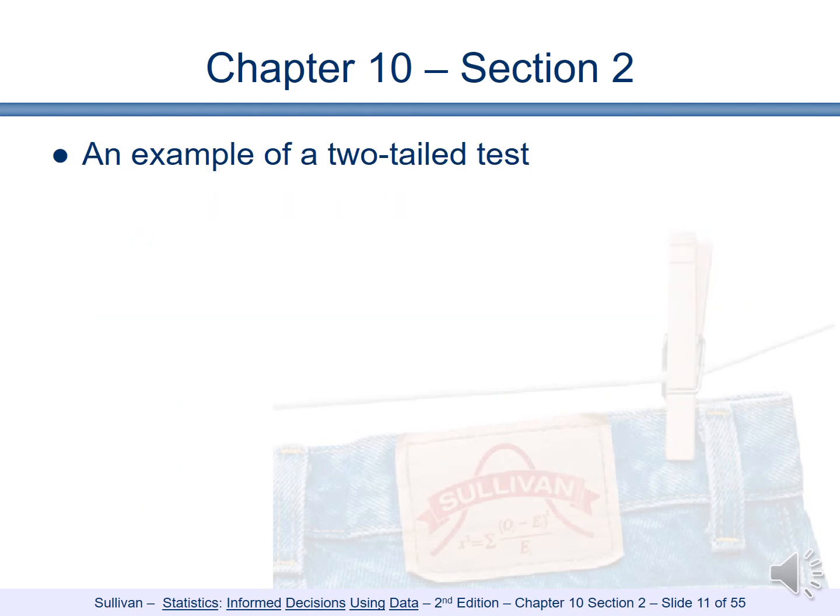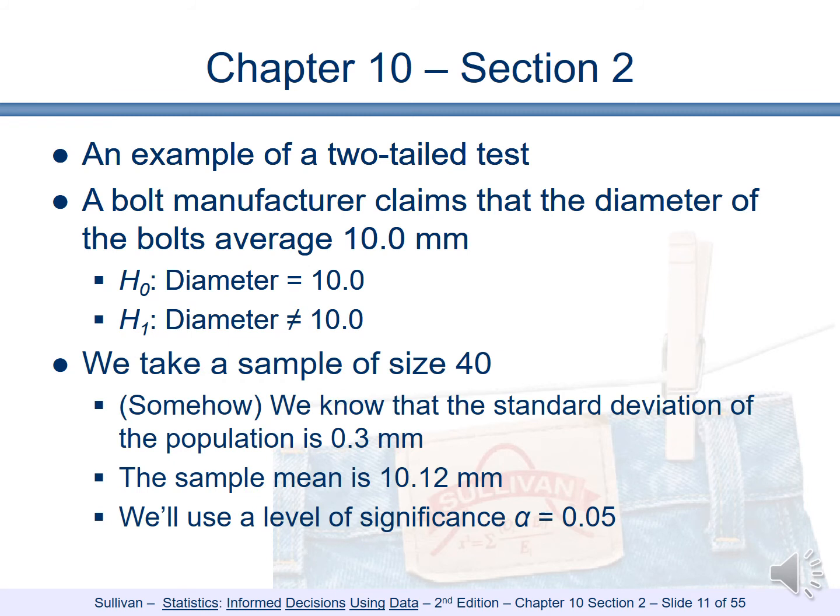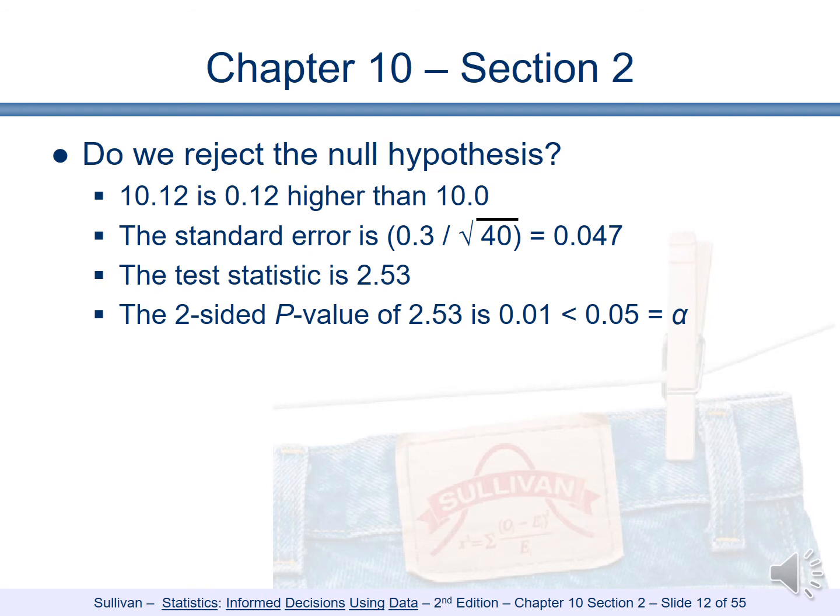So here's an example of our two-tailed test. We've seen this before. A bolt manufacturer claims the diameter of bolts is 10, so we have equal to 10 and not equal to 10. Sample size of 40. Somehow we know the standard deviation is 0.3. The sample mean is 10.12, and the level of significance is 0.05. Do we reject? Let's find out.